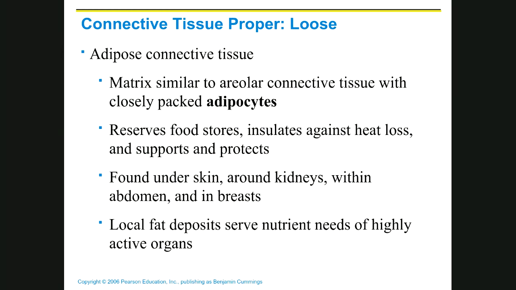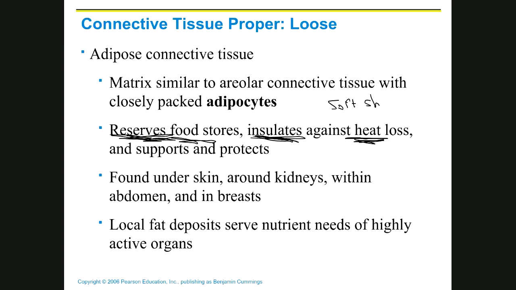So it's our reserve of energy storage. Fat, though, also does not transmit heat very well. And so fat is insulating. So it keeps heat in or it keeps heat out. And then it's soft. It's shock absorbing.